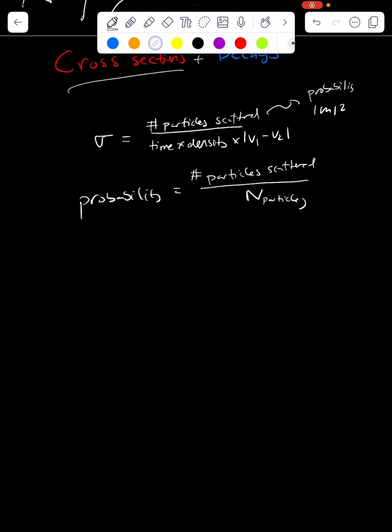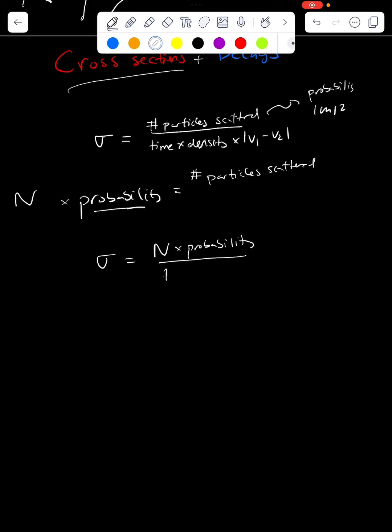Now here we have the same thing in the numerator, right? So we can just write the number of particles scattered as the probability times the total number of particles, N. So that means that the cross-section is just the total number of particles times the probability that the scattering happens, divided by the time times the density times the relative velocity.